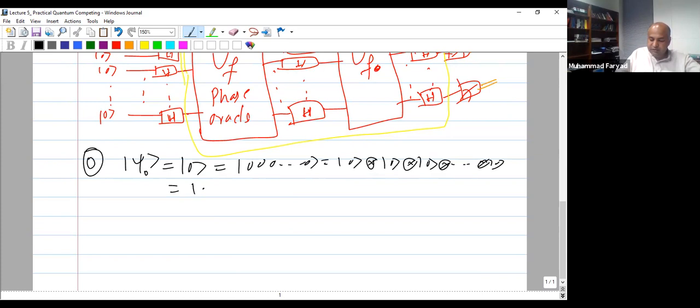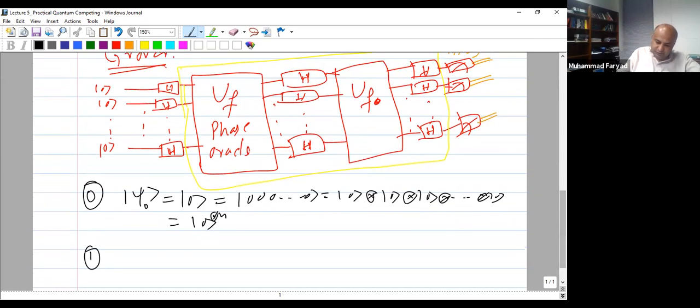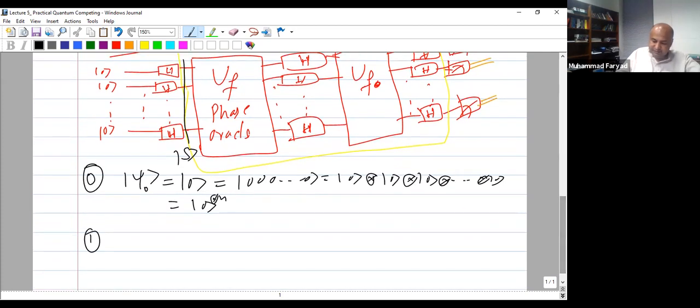It can also be written like this. So there are several ways. But once we pass through the Hadamard gates, let me call this state some S state. This S is nothing but the Hadamard applied to this zero state.